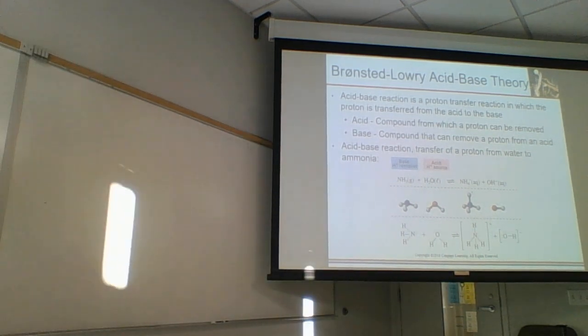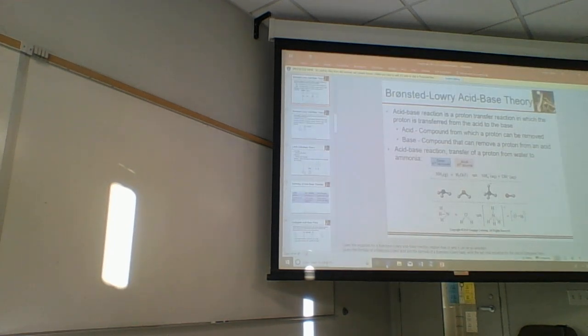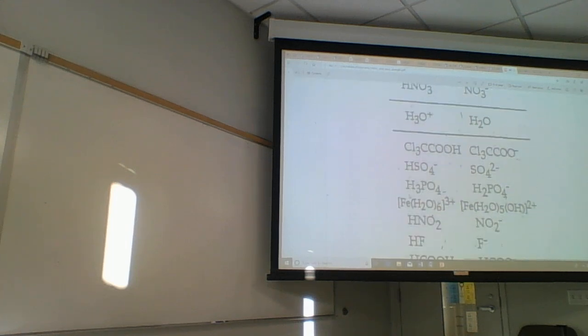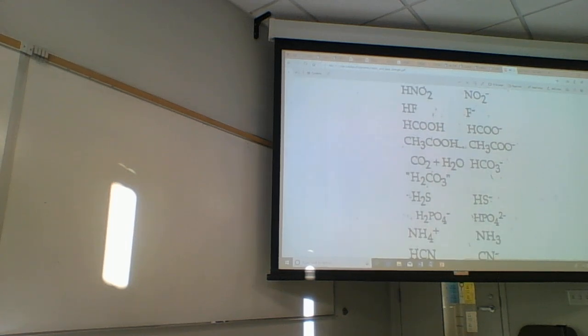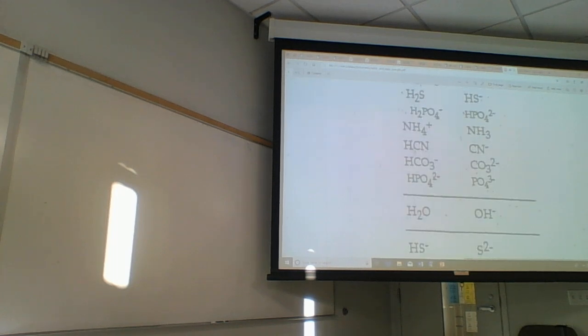We compare the strength using the acid-base strength chart, which is given here. Like this. And so we can compare ammonium versus water. Here's ammonium. Here's water. So ammonium is a stronger acid than water.